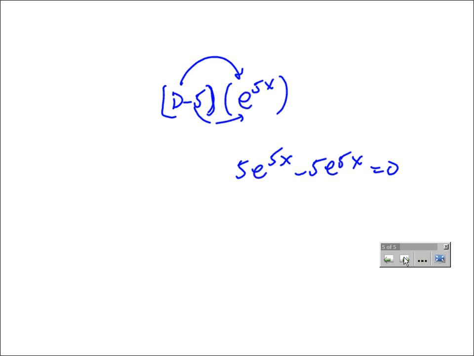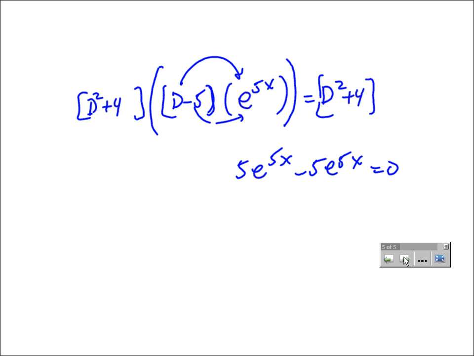If this is already 0, then if you put another operator here, like take the second derivative and then add on 4 times, well, what's in this bracket is 0. So d squared plus 4, when it operates on 0, is still going to be 0. Because the second derivative of 0 is 0, plus 4 times 0 is 0.